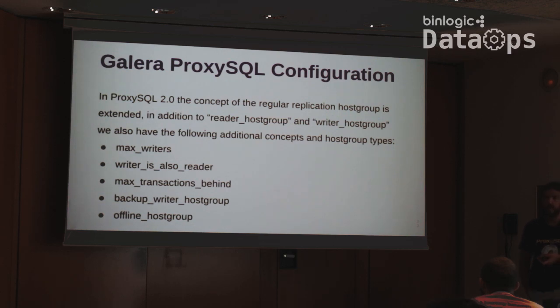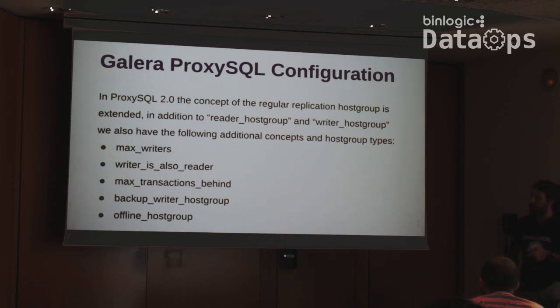This was extended for group replication, having also some more parameters like the maximum number of writers, and whether the writer should also be a reader. Then for group replication there was max_transactions_behind. Basically, if one of the servers was behind the writer by a certain number of transactions, it was taken out of the cluster at ProxySQL level, at the group replication level.